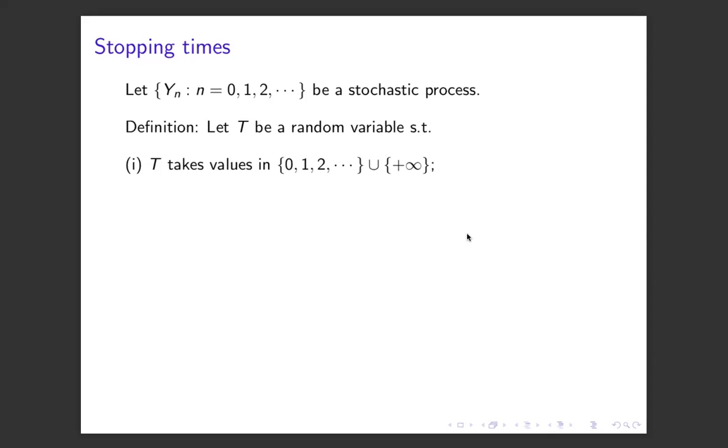So let Yn be a stochastic process, and suppose capital T is a random variable such that it takes values in non-negative integers and also possibly the value plus infinity. We had seen similar things happening even in the context of Markov chains.